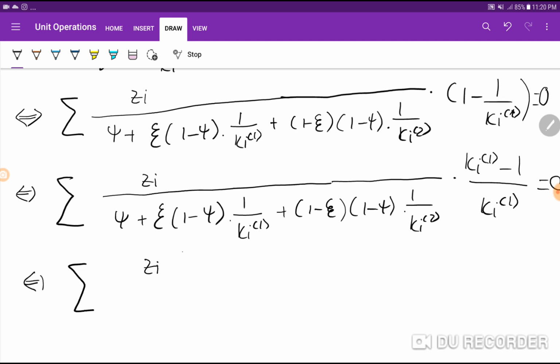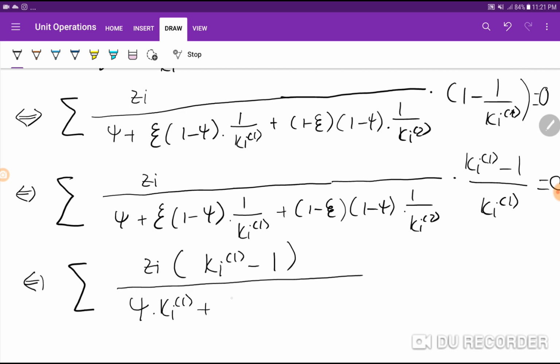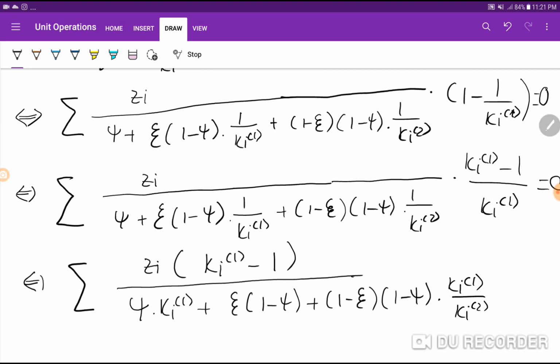You see, the thing with algebra is you just keep on rewriting. That's 1 over psi times ki1 plus epsilon plus psi plus 1 minus epsilon 1 minus psi ki1 ki2 equal 0.